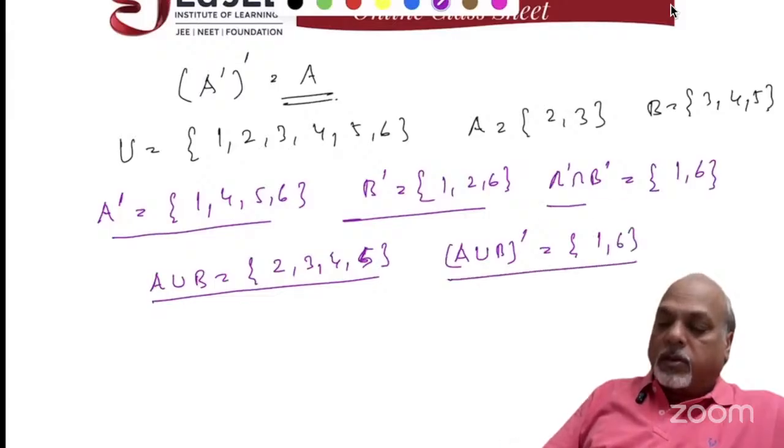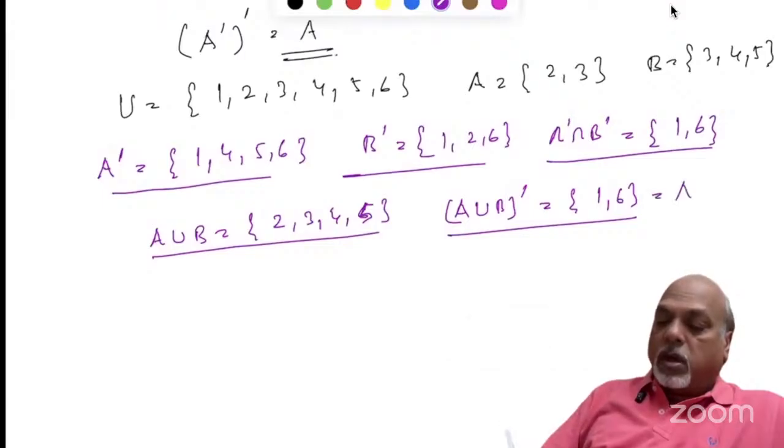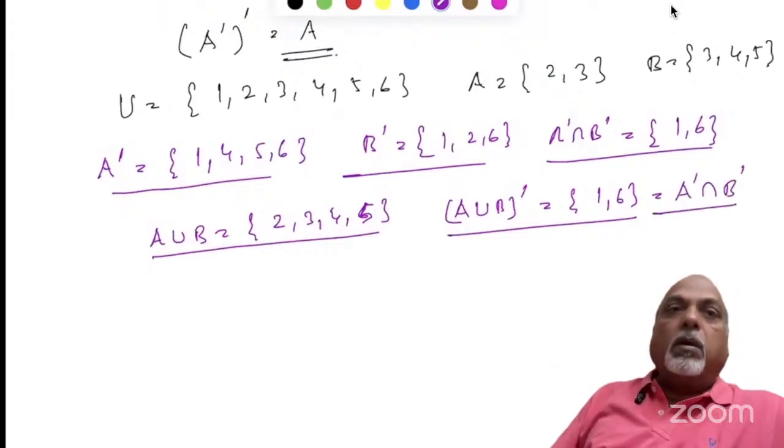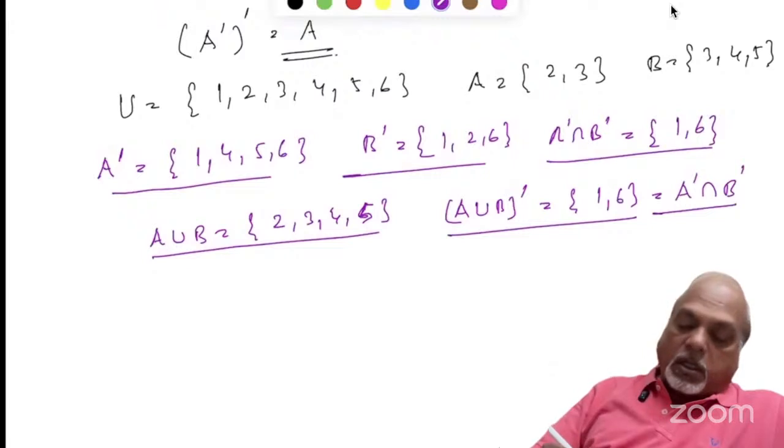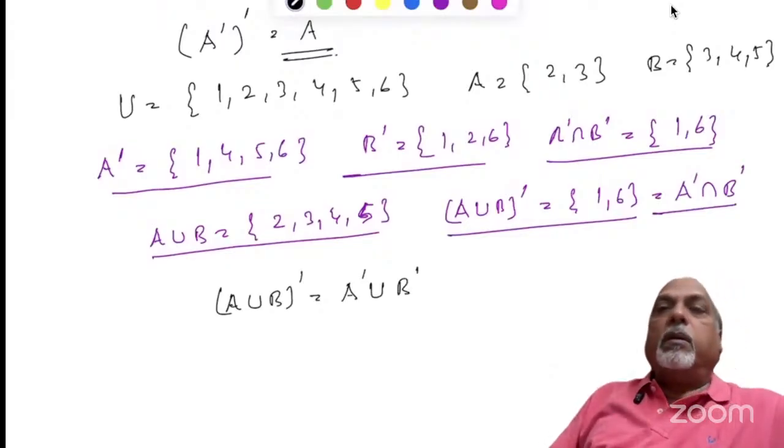Just see this and this. That means the complement of A union B will be equal to the intersection of A complement and B complement. So remember this result. Correct.